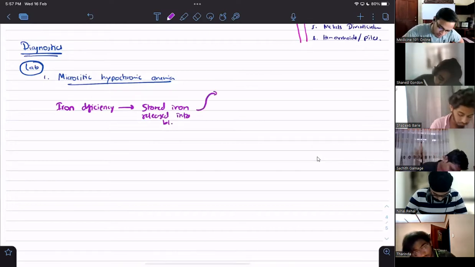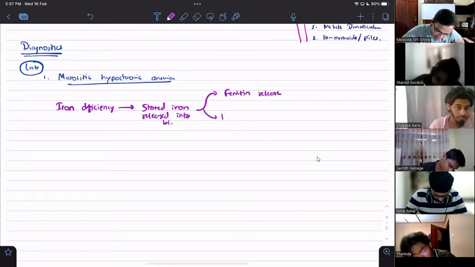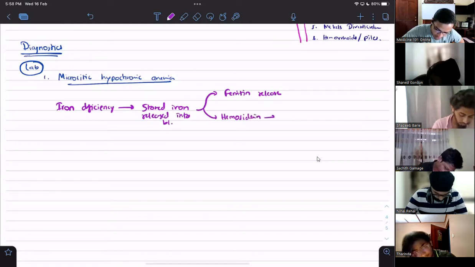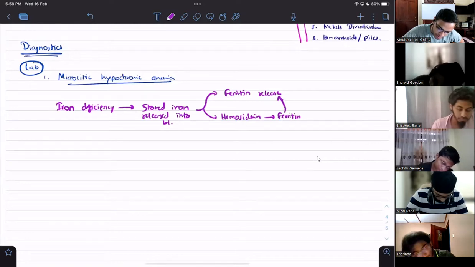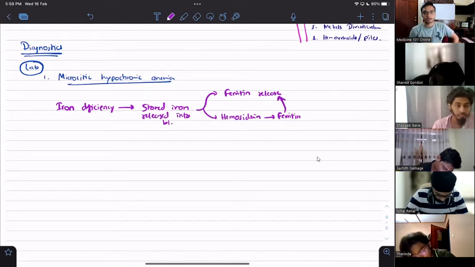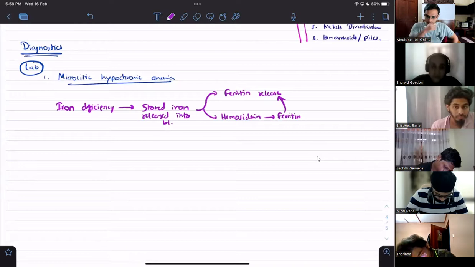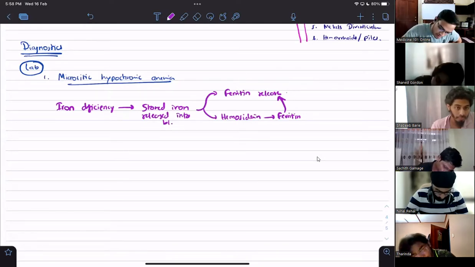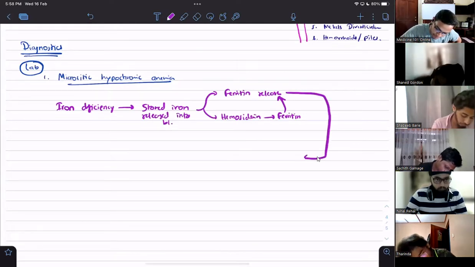So what are the two forms? We have ferritin being released into blood. And you all know hemosiderin. Usually it's not directly released. Hemosiderin will be broken down into ferritin and that will be released into blood. Now, ferritin is released into blood.